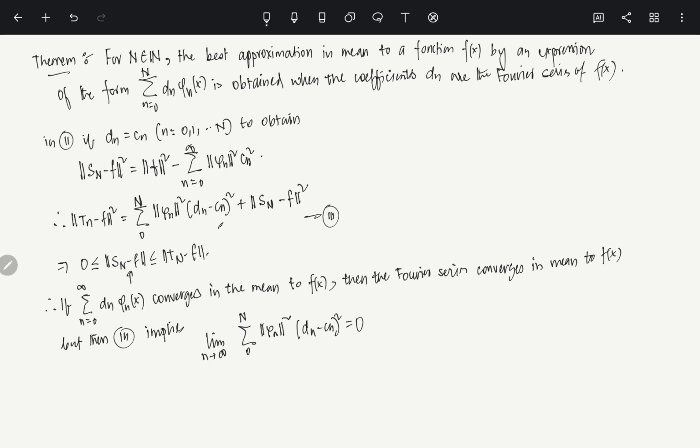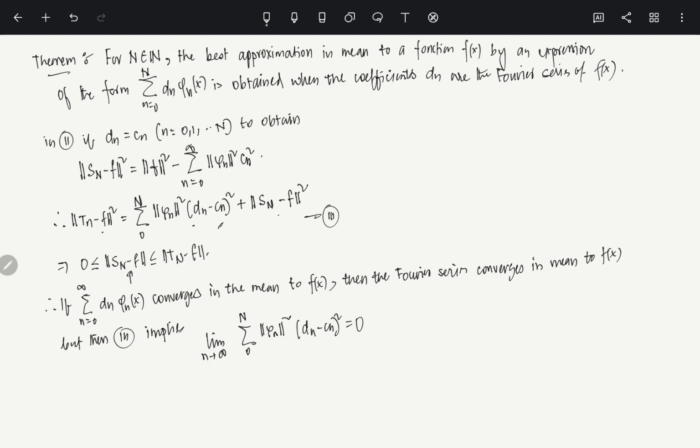The Fourier series converges to f of x in mean, so basically this is 0. And of course this is also given to converge, so that is 0. So we have the limit as n tends to infinity, this particular term goes to 0.